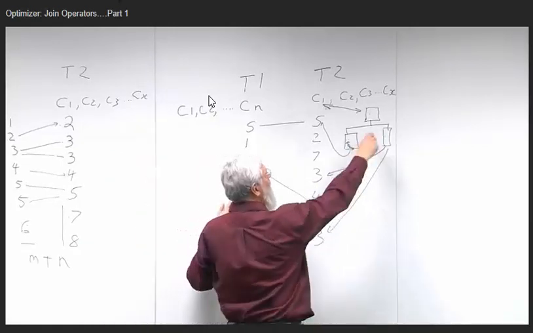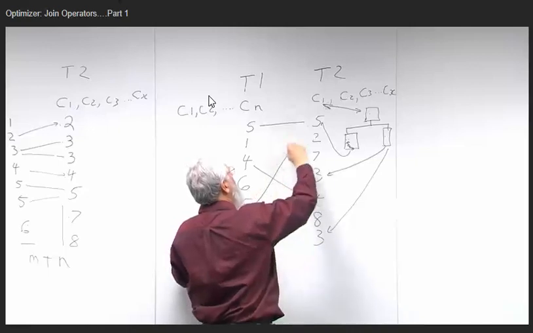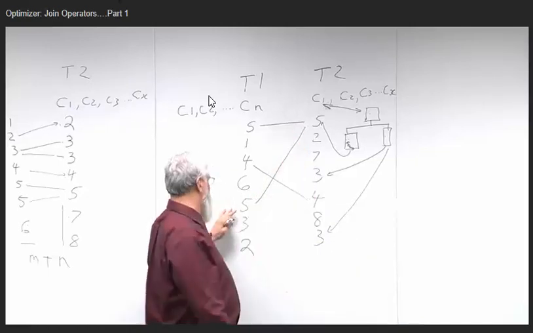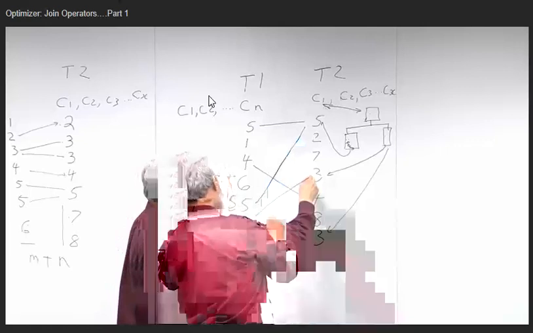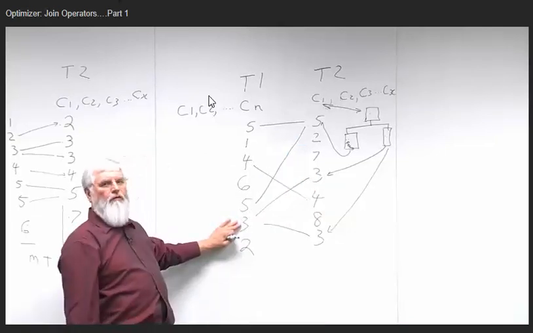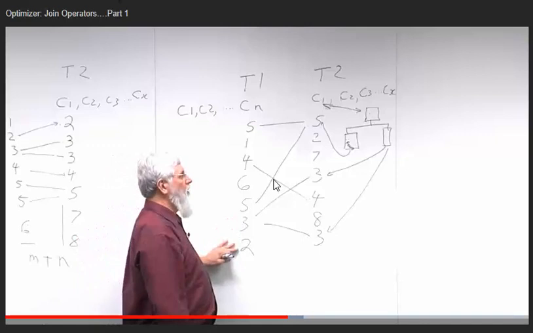Probe for 3 and we find the 2 of them. Include both of them in the output. We just return the 2 rows from the table and then we just have the data to join together. Take 2, probe it, and we find this row and join it together. By having an index, we don't have to do any sorts.